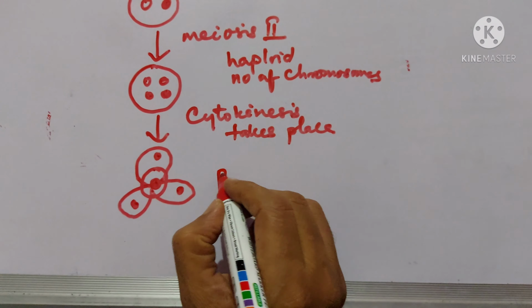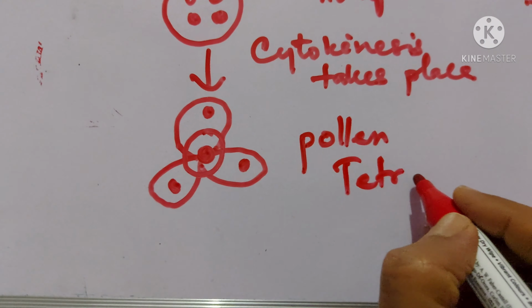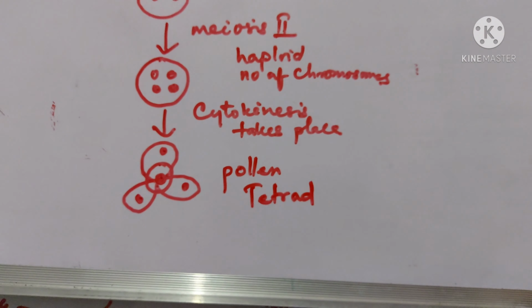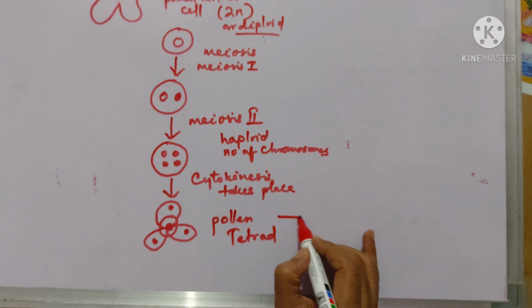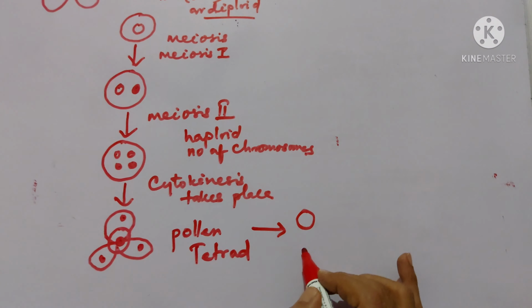This is called pollen tetrad. And this pollen tetrad segregates to form the pollens.